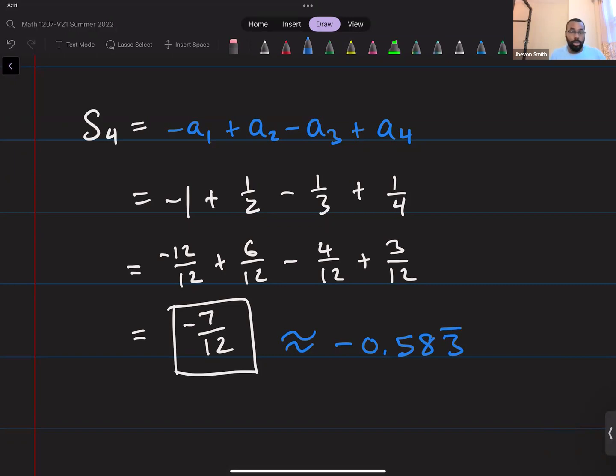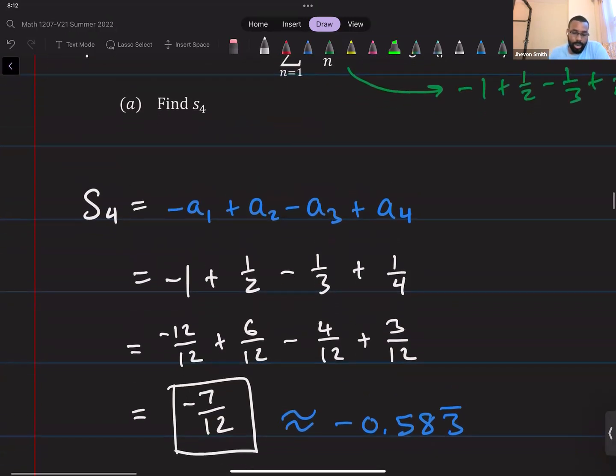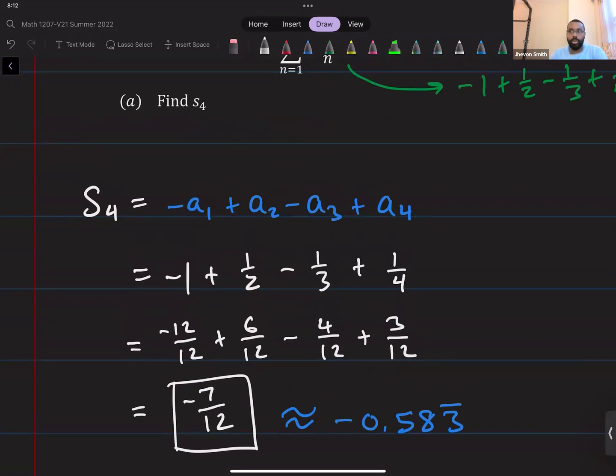So that's what the sum of the first 4 terms adds up to, minus 7 over 12, which is about minus 0.583. Okay. So now, that was part 1, just find S4. Okay, cool.